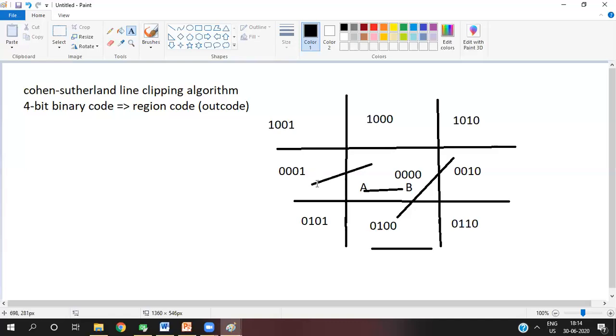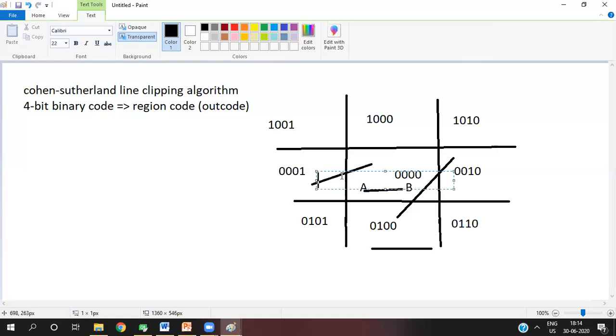Now consider this particular line, I will name it PQ. P is the first point, and Q is the next point for the line here.